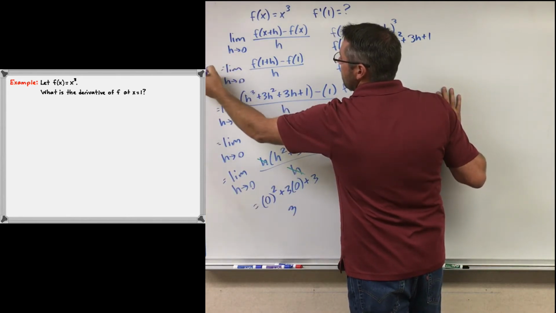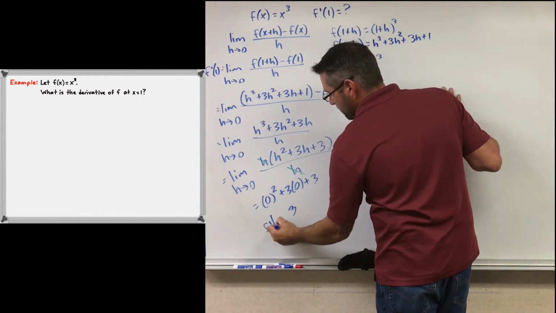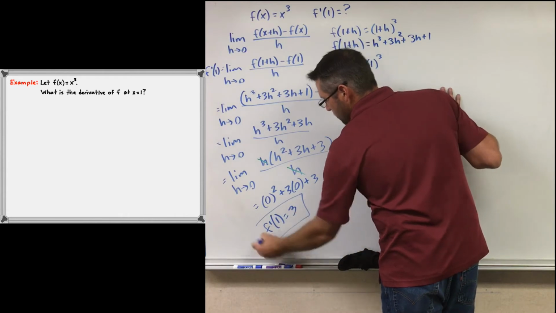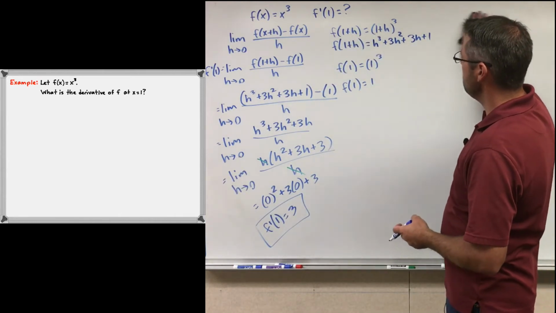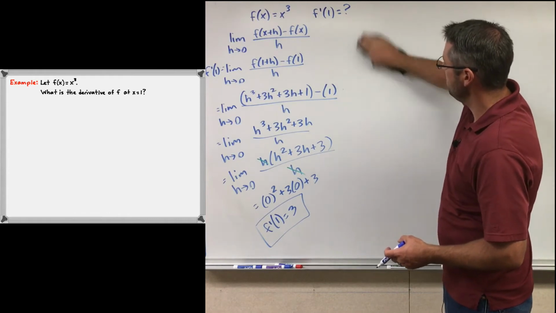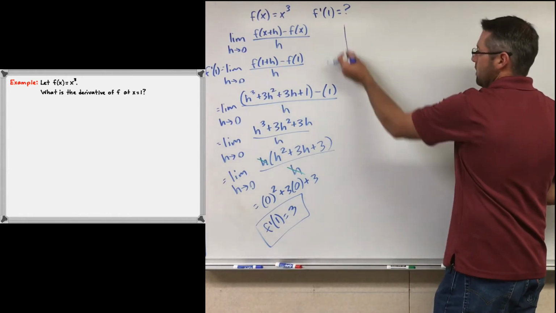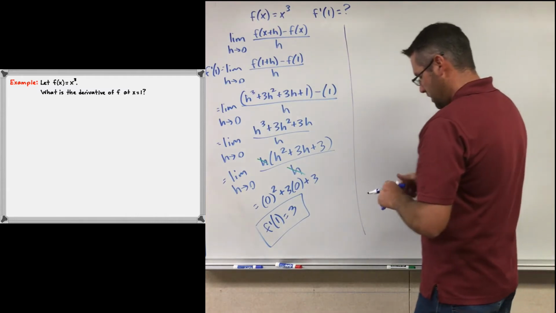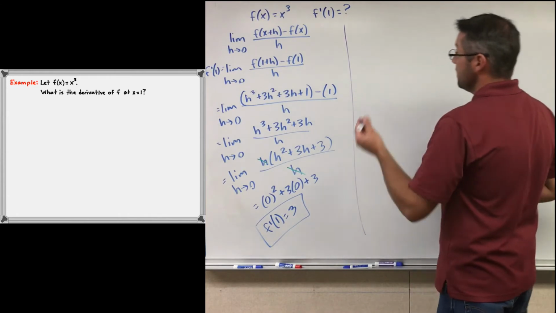This is going to be f prime of 1. And so f prime of 1 is equal to 3, or the derivative is equal to 3. So that's one definition that we can use. I'm going to go ahead and erase this part right here so that I can share with you the other definition, okay? All right, now, looks like that marker is going to die, so I'll just change colors here.